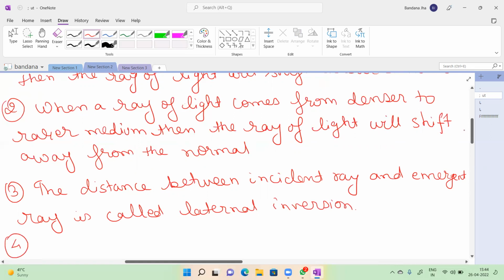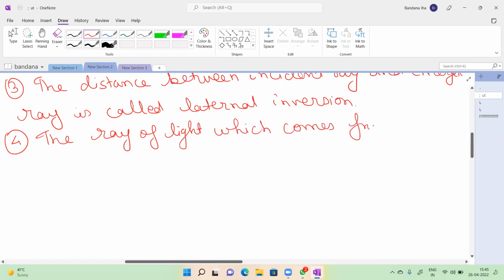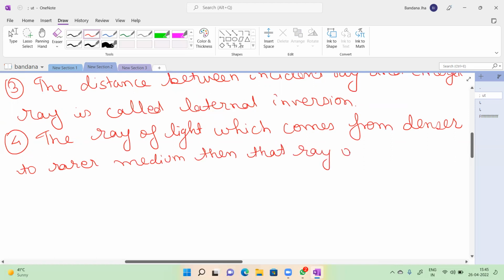Fourth point: the ray of light which comes from a denser to a rarer medium, that ray of light is called the emergent ray.